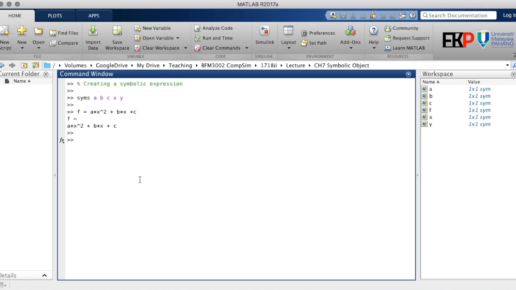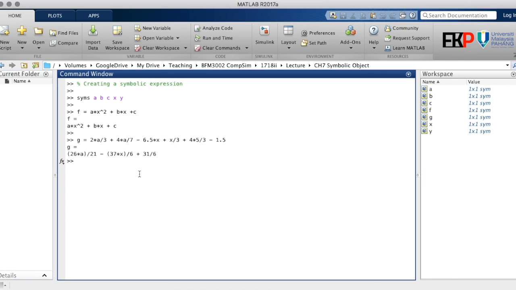We can also define, for example, G that is equal to 2 times A divided by 3 plus 4 times A divided by 7 minus 6.5 times X plus X over 3 plus 4 times 5 over 3 minus 1.5.